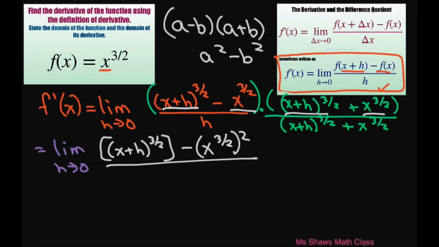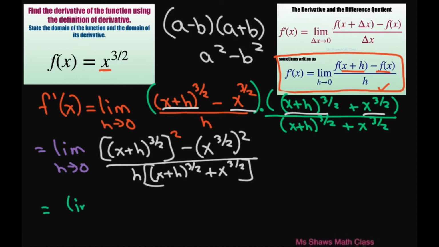And then in the denominator, we're going to have h times x plus h to the power of 3/2 plus x to the power of 3/2. And h has to multiply both of those. So when you square this, I forgot to put the square there.